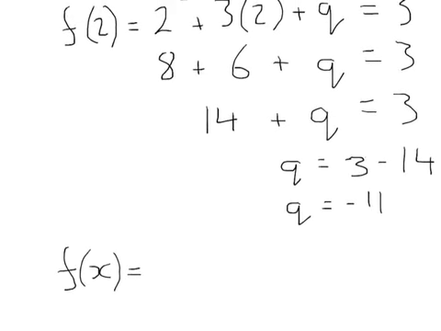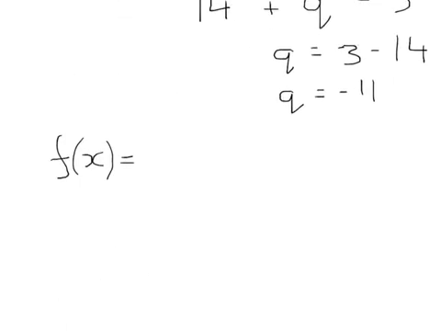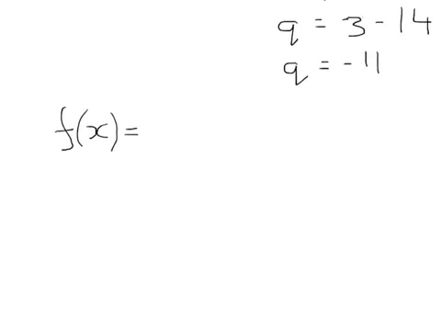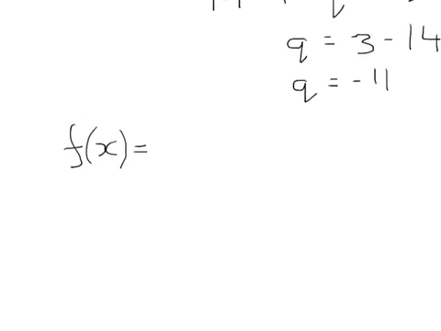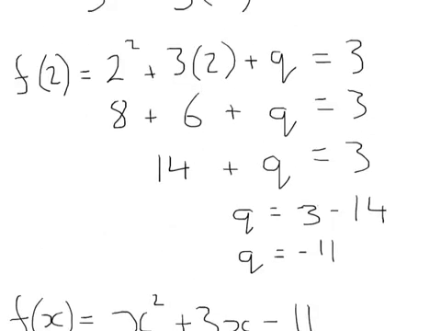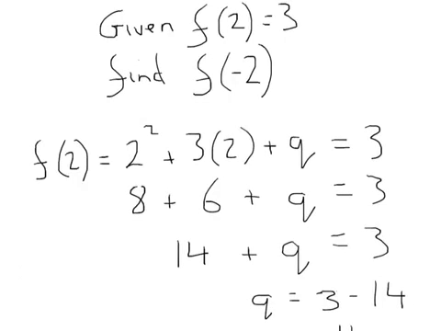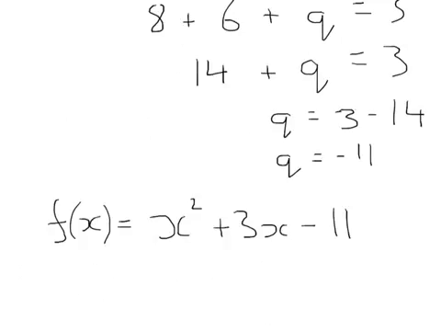My function of x is x squared plus 3x, it was plus q, but now q is worth minus 11. And so I need to now find, if I look back at the question, what f of minus 2 is. So I'm going to chuck that in to finish this off.